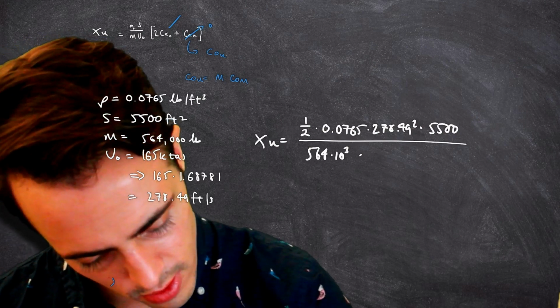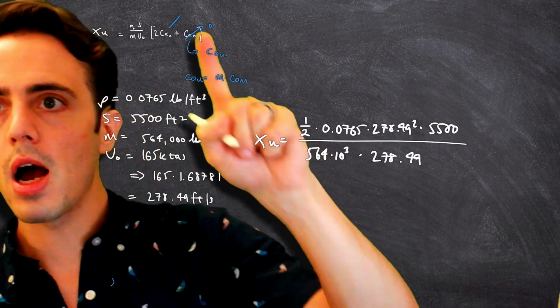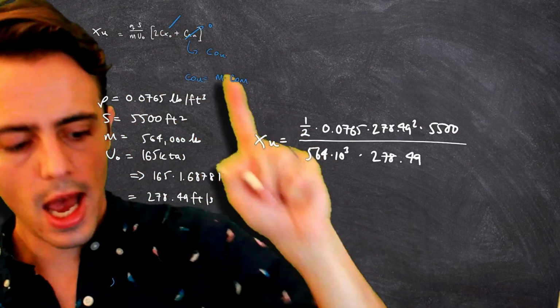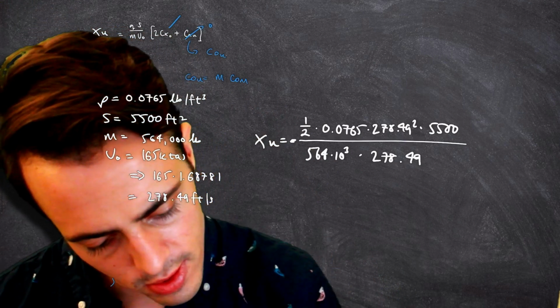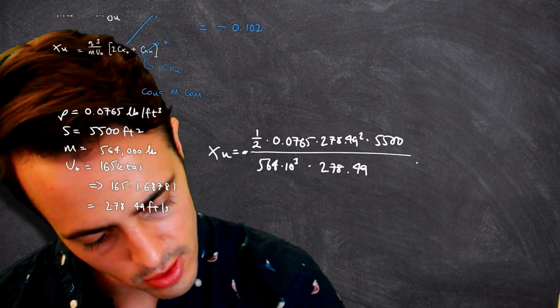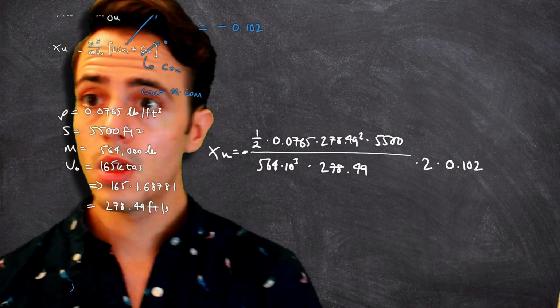So that's 278.49 multiplied by 2 CXU, but remember it's minus CXU, so this whole thing is then minus, multiplied by 2, multiplied by 0.102.